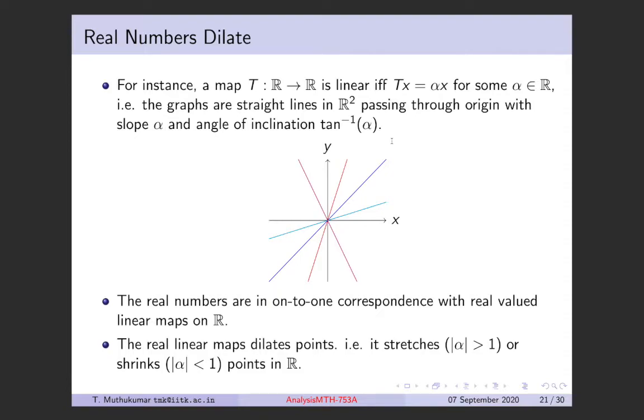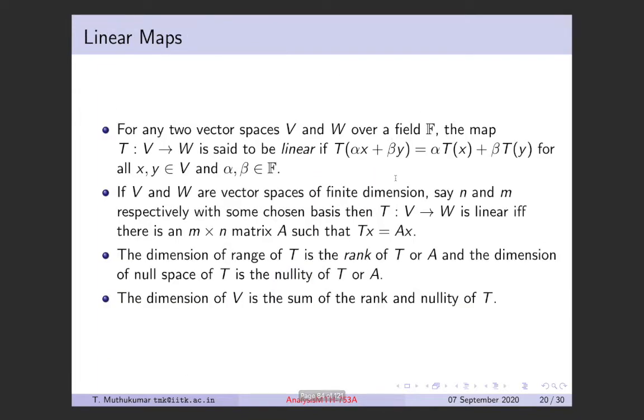on complex numbers? Again, by the previous theorem that we saw in the previous slide, if I take V to be C, a vector space over C, which is of dimension 1, and W also to be C, a vector space over C, which is also of dimension 1, then this property actually tells you that every linear map is actually given as a 1 cross 1 complex number multiplied, right?